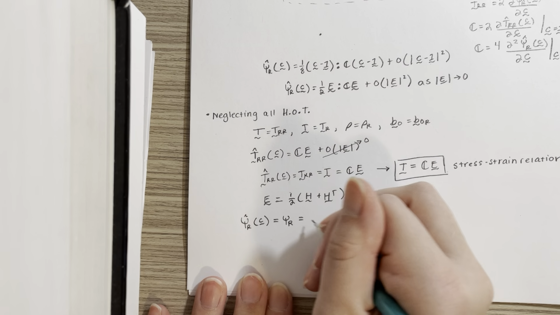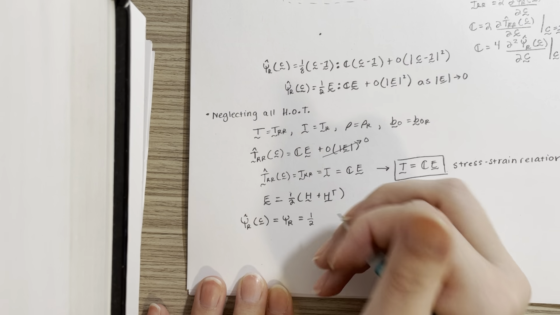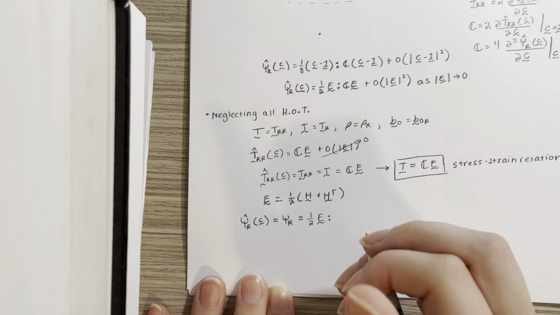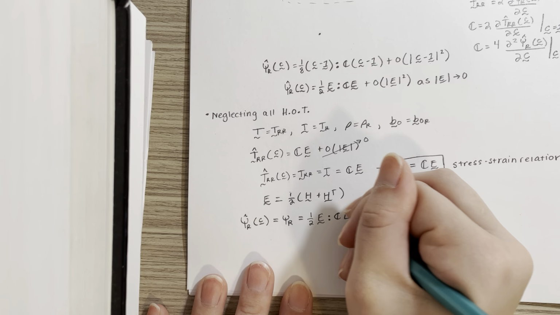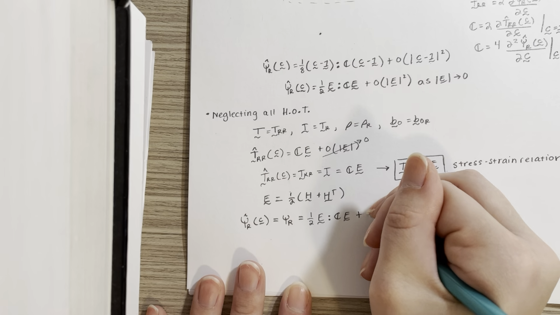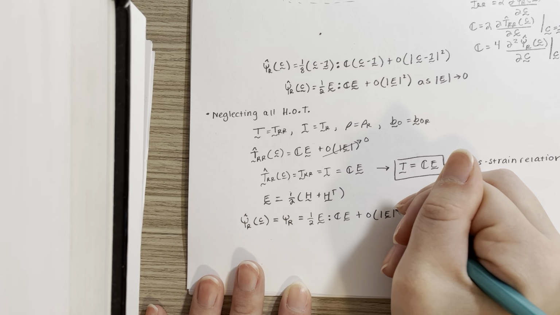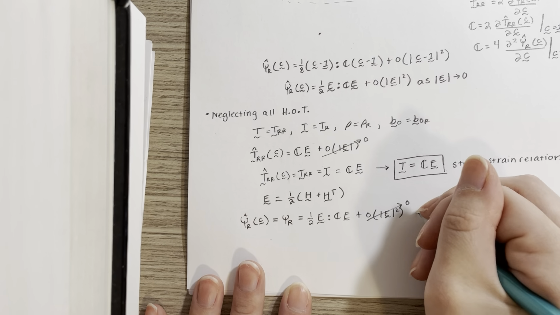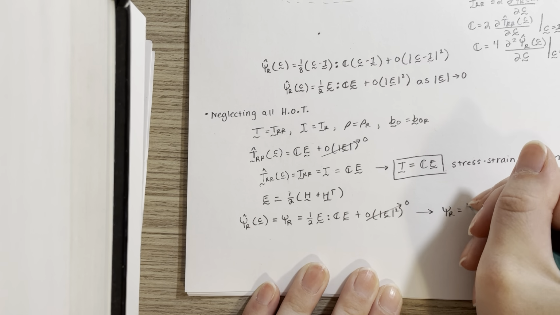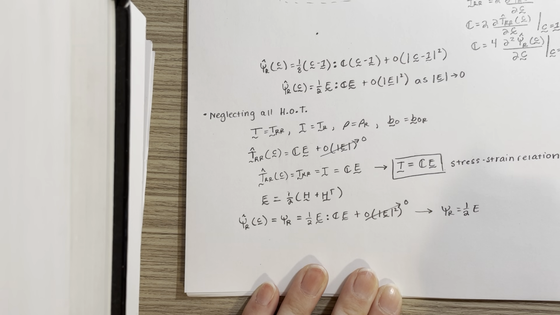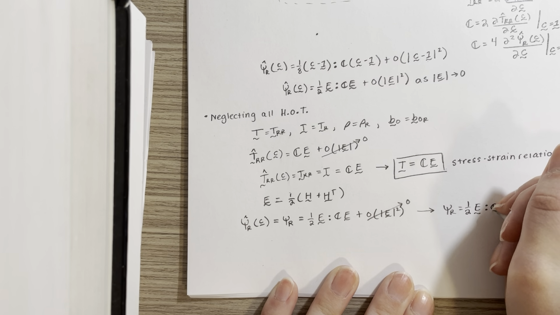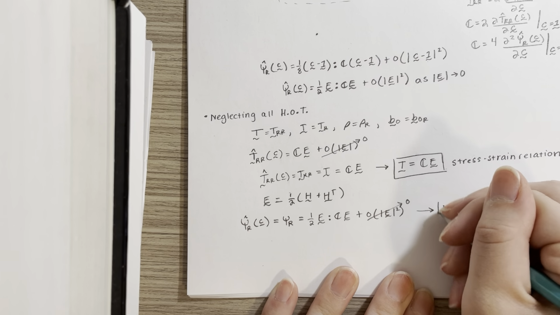So this is equal to 1/2 our Green-St. Venant tensor double dotted with the elasticity tensor times the Green-St. Venant tensor plus some higher order terms. But again, we just said that these are going to 0. So then we have our free energy equation, which is φ_R is equal to 1/2 E double dotted with CE.